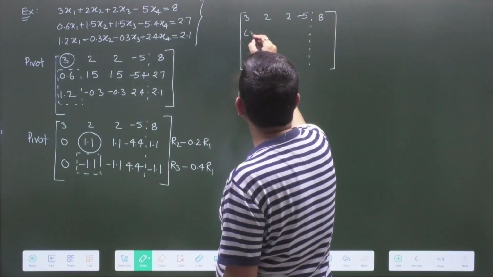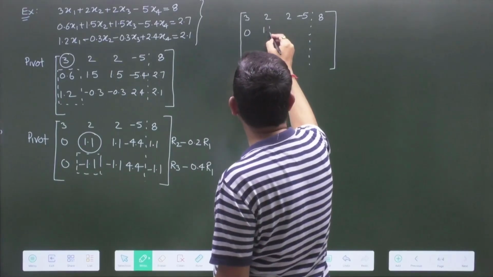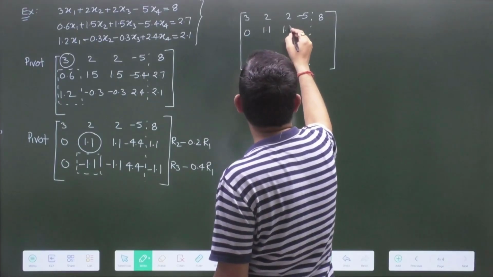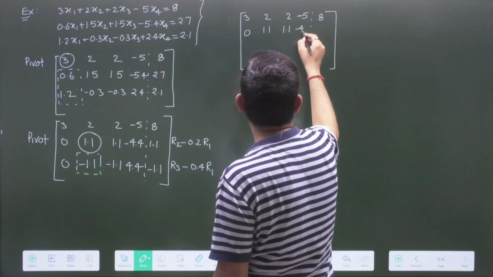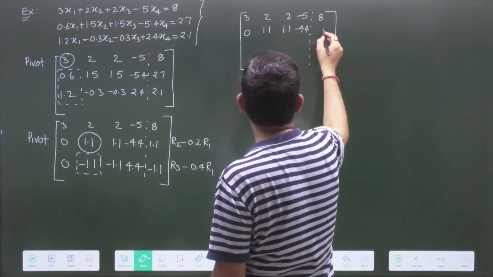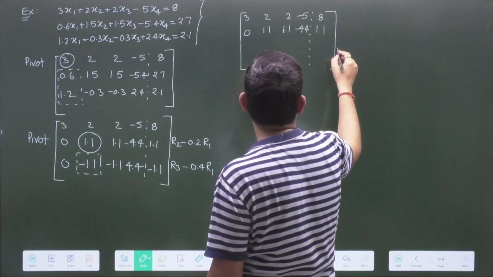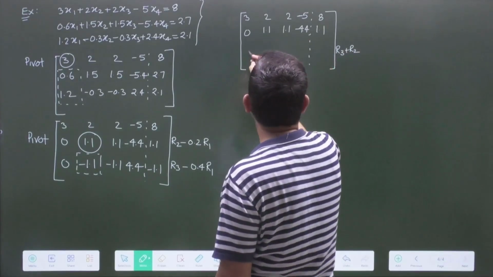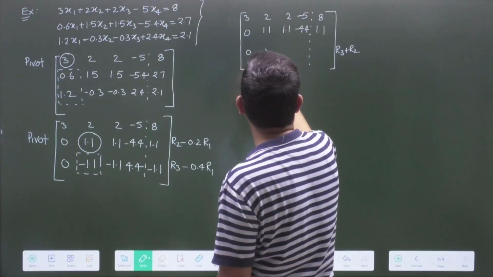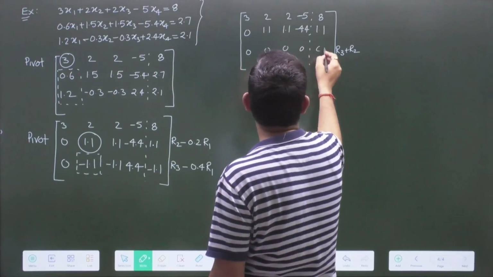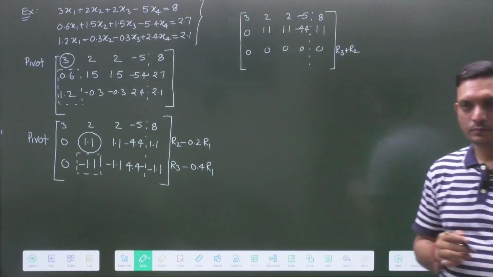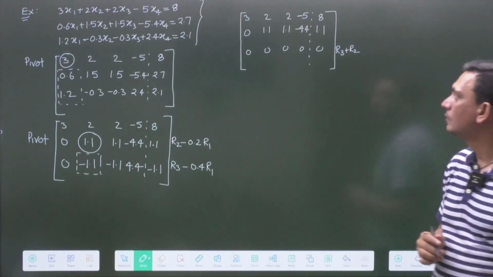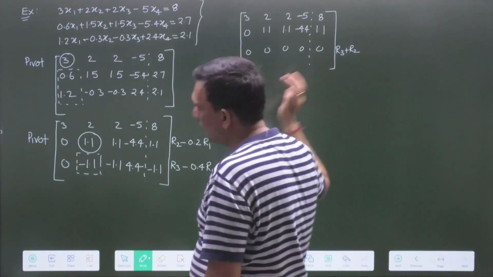Then you have 0, 1.1, 1.1 minus 4.4, then this is 1.1, and then you have R3 plus R2. So that will be eliminated. This will be eliminated. So one row is eliminated.